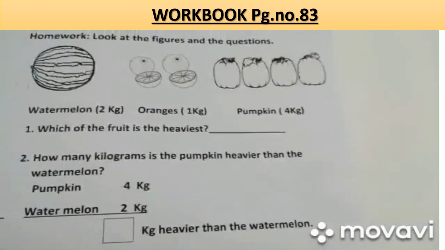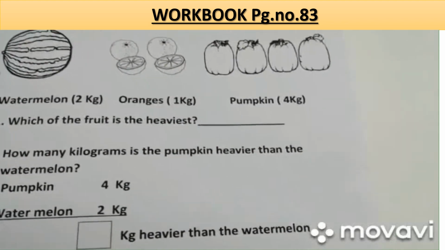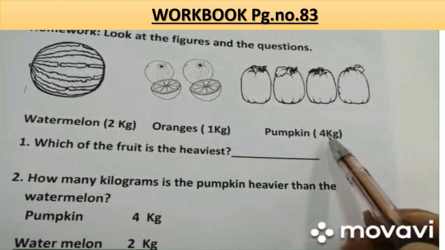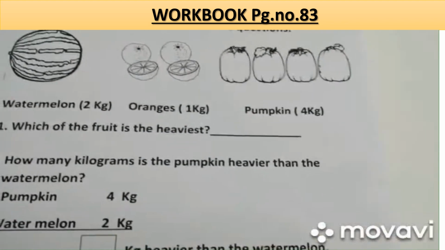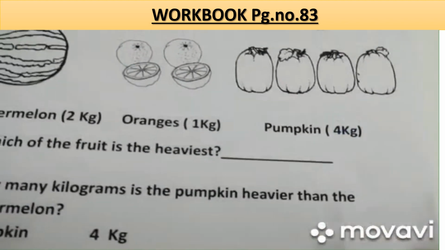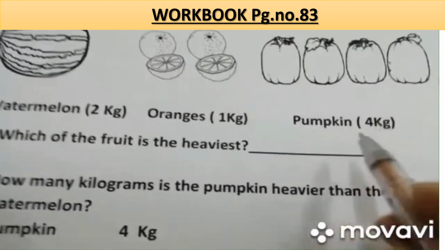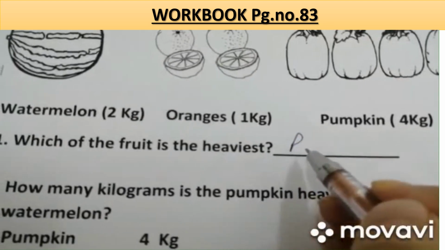Exactly, it's pumpkin because it's 4 kg. It's more than oranges and watermelon. So what we will write here? Pumpkin, because it's 4 kg. So we'll write here pumpkin.